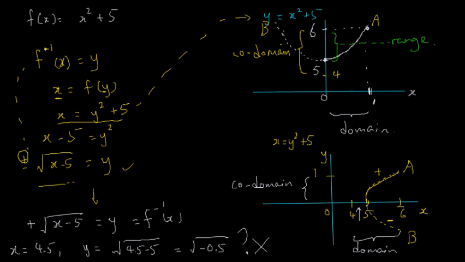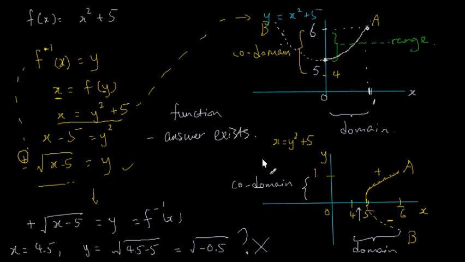Okay, so apart from what I described just now, if you remember the properties of a function, the answer that it gives must be unique. So now we need to add one more feature, that the answer must exist.